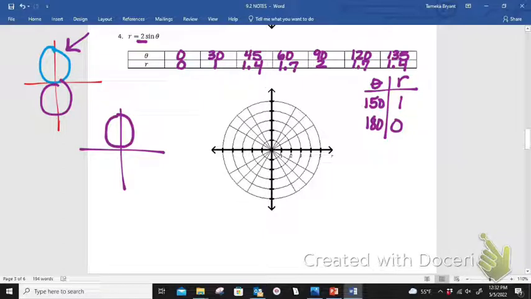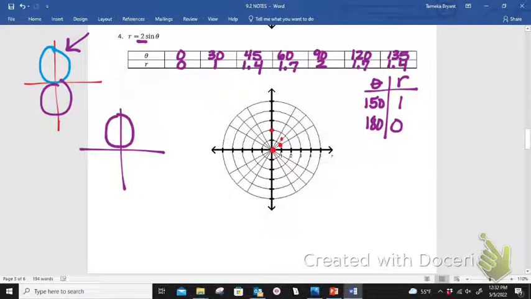All right, so let's go ahead and plot this out. So here, and then we go to the 1, and then it kind of just, and then you really don't have to even graph all of the points.